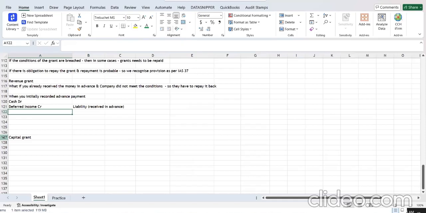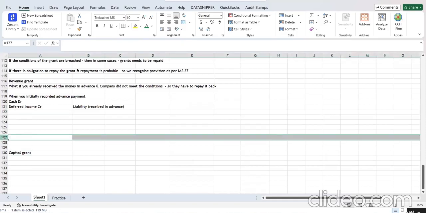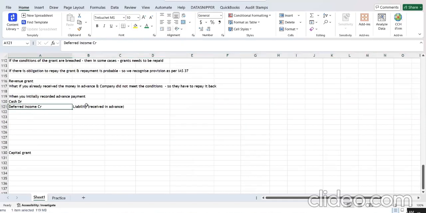Now, when you have a balance already sitting in the deferred income account, it could be the full balance, or it could be that you received the money for 4 years, like $1 lakh, but you only recognized 25,000 in P&L and you have a deferred income balance sitting at year end of $75,000. Or it could be that the full amount of money is sitting in the deferred income account, okay?